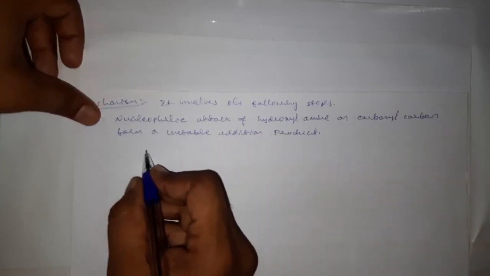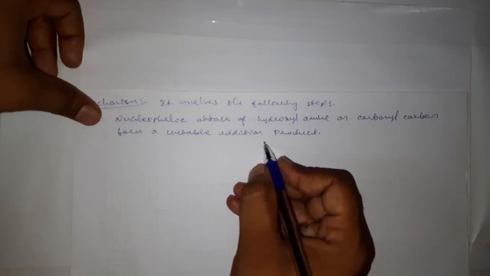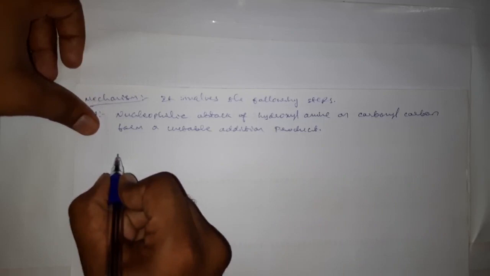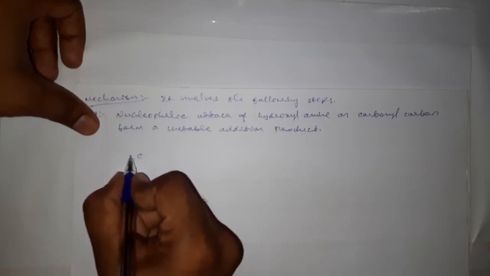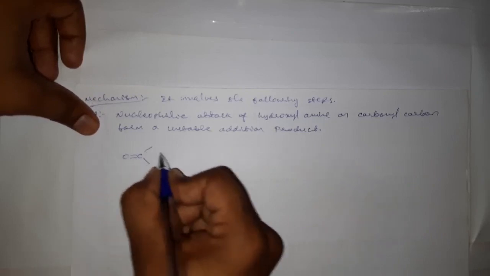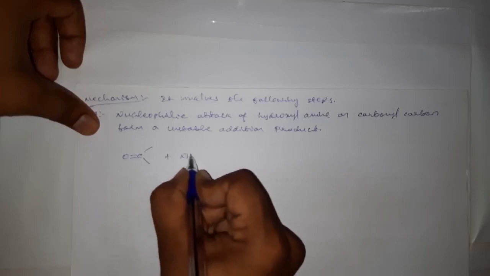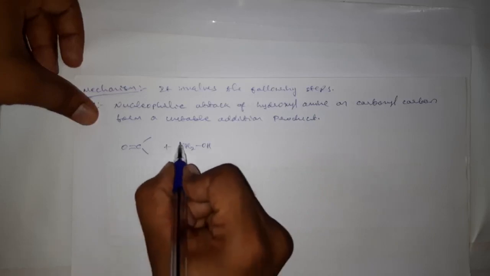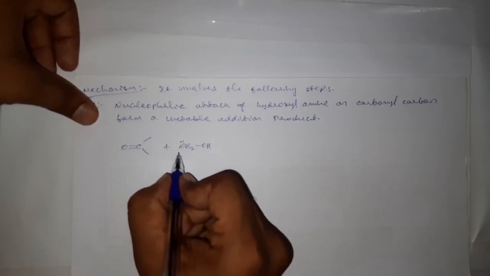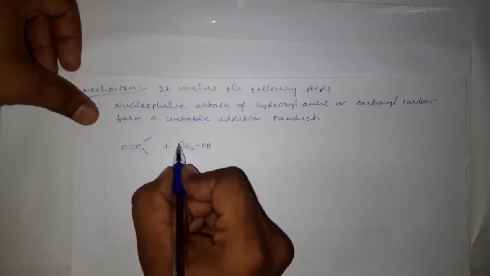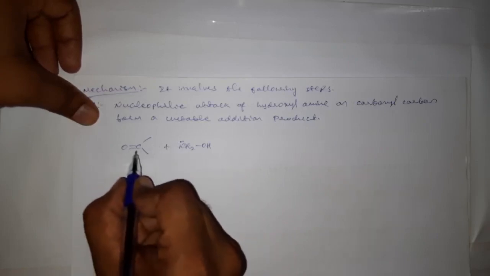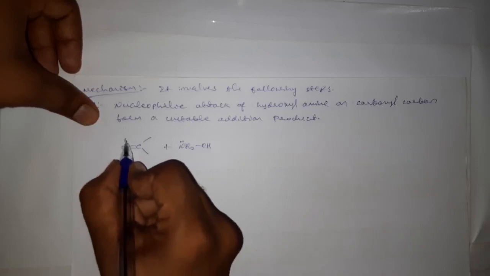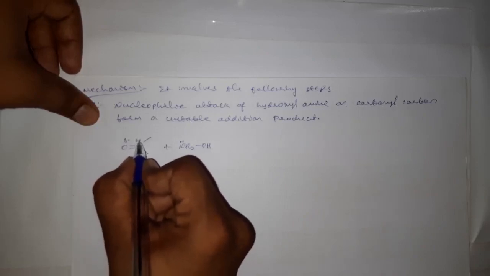See how the nucleophile attacks this carbonyl group of aldehyde or ketone. This is C double bond O plus NH2OH. Here we know that this nitrogen has a lone pair of electrons, and it will act as a nucleophile by donating the lone pair to the electron deficient carbon of the carbonyl group, because this oxygen has a partial negative charge and carbon has a partial positive charge.